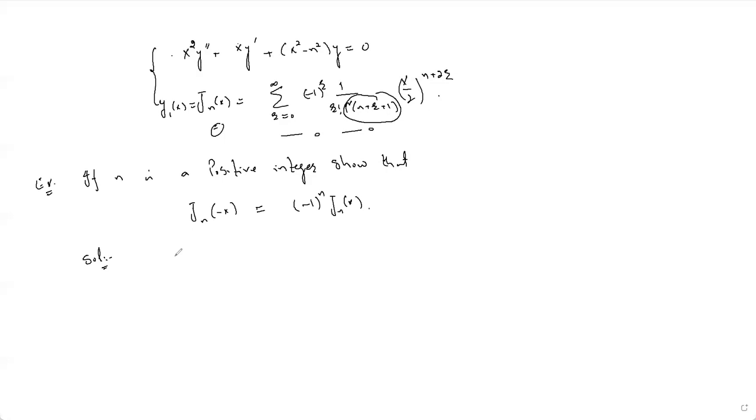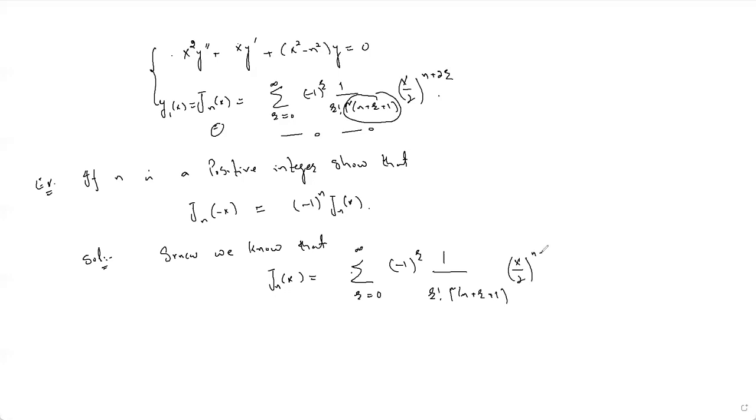Since we know that the solution to the Bessel differential equation, that is the Bessel function of the first kind, is given by Jn of x equals the summation, r running from 0 to infinity, of minus 1 raised to power r, 1 divided by r factorial gamma of n plus r plus 1, times (x by 2) raised to power n plus 2r.